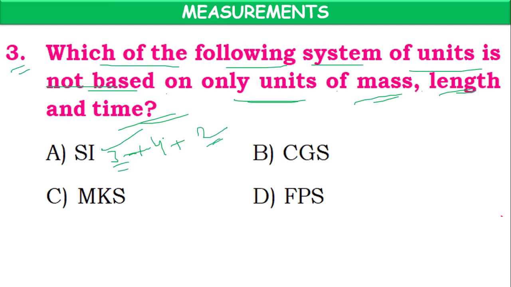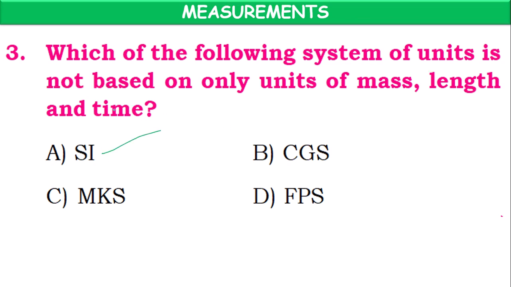So it does not depend on only mass, length, time. So option A is correct. CGS depends only on MLT, MKS on MLT, FPS on MLT. So option A is correct.